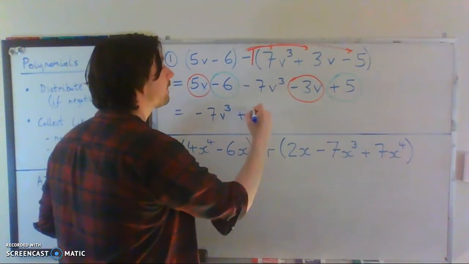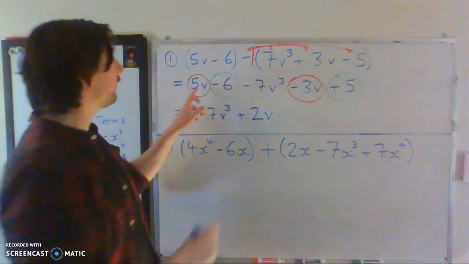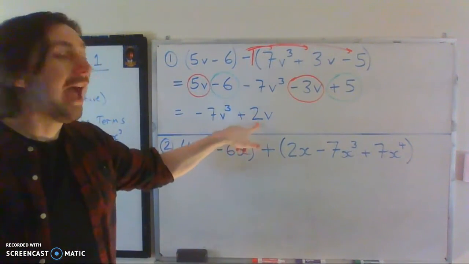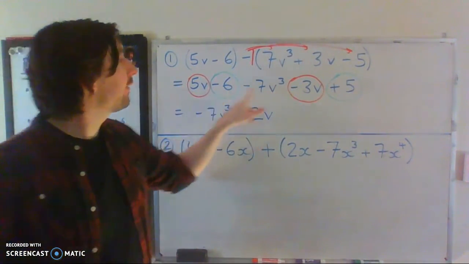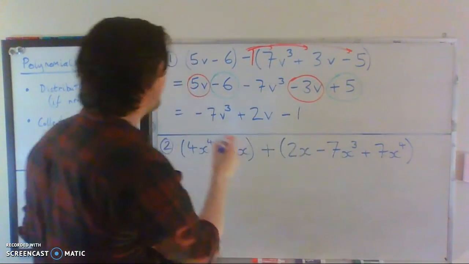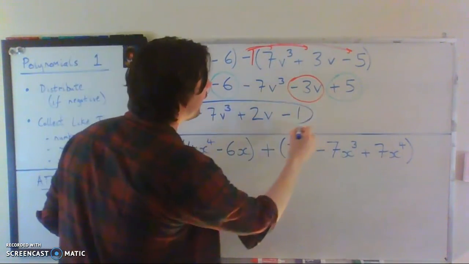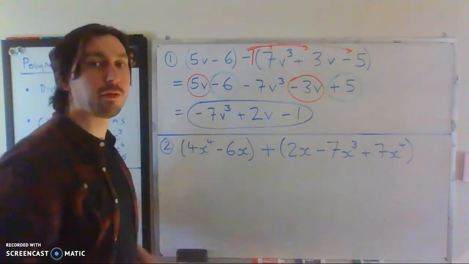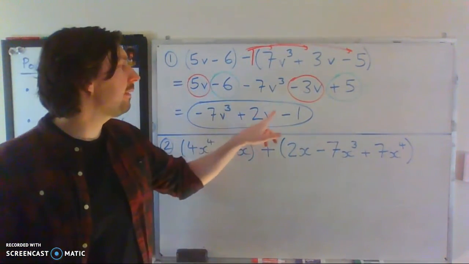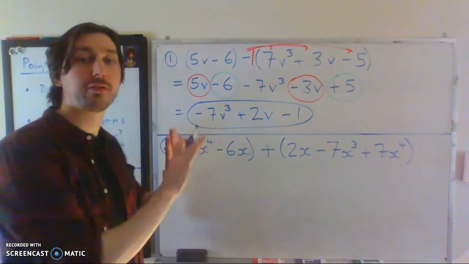So 5 take away 3 is positive 2, so I'll put a plus 2 in there. And finally, negative 6 plus 5 is negative 1. And that is my final answer. I can't go any further. These don't add together, because look, that's a power of 3, that's a power of 1. So just leave it like that.